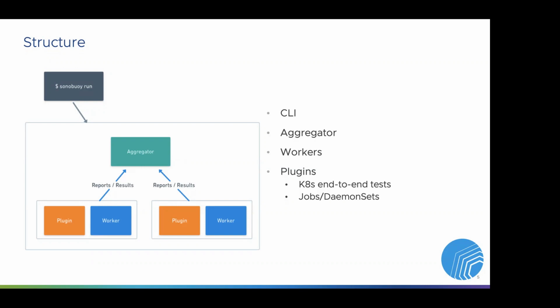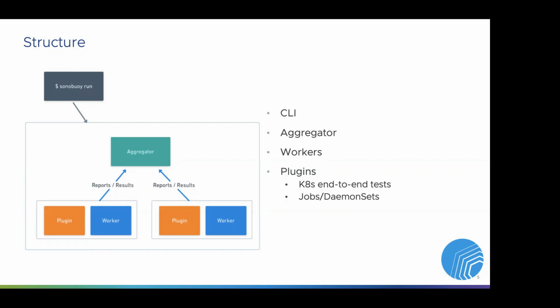Those sort of things. And then for every plugin, it launches a pod that is a combination of 2 things. Your plugin, which is the thing that actually does the work, that runs the tests, that gathers the logs, and a Sonobuoy worker. Now, the Sonobuoy worker is responsible for the communication back to the aggregator.